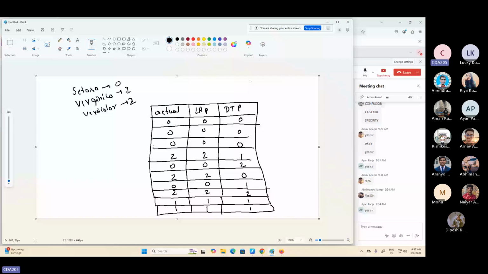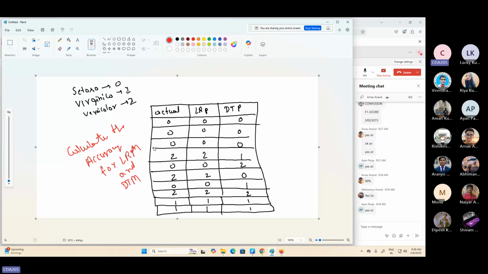Calculate the accuracy. This is the multi-class. Calculate the accuracy for the LR model and decision tree model. What is the output it is coming? Everyone calculate it. This is a multi-class.